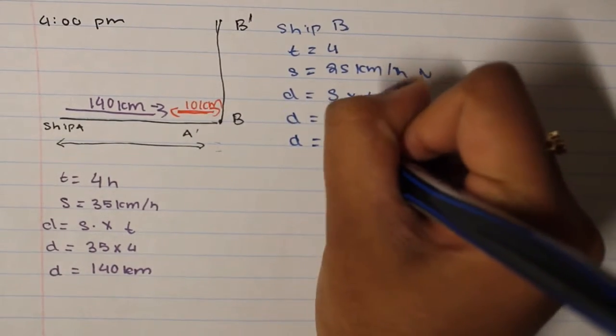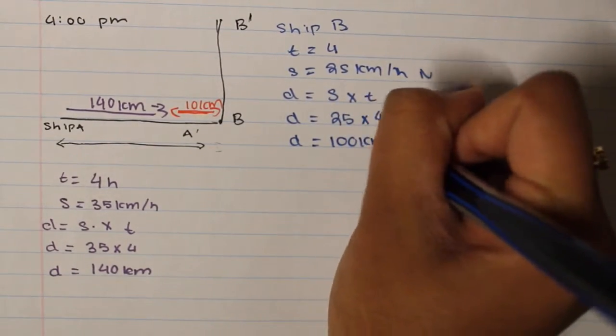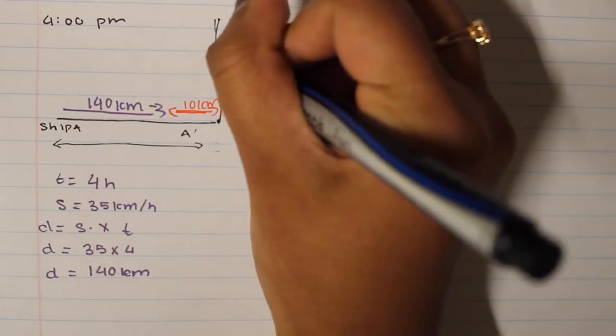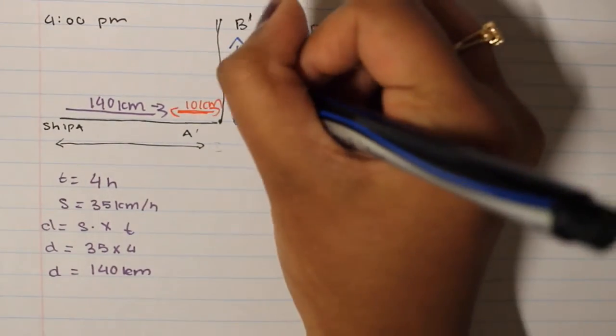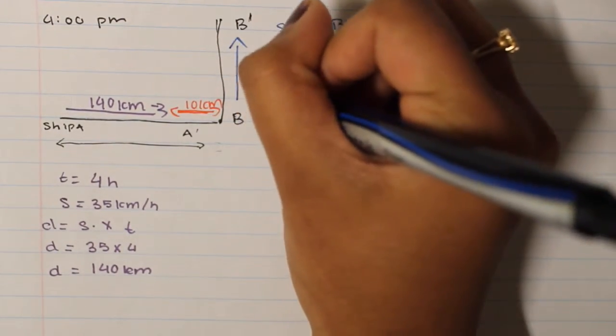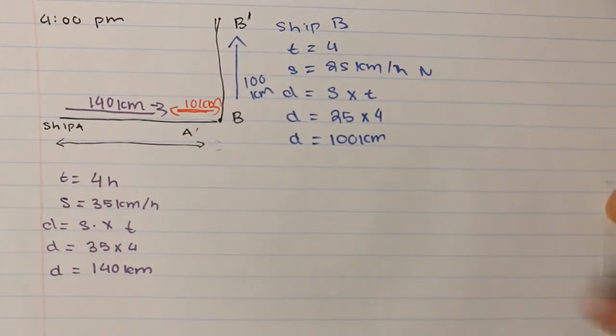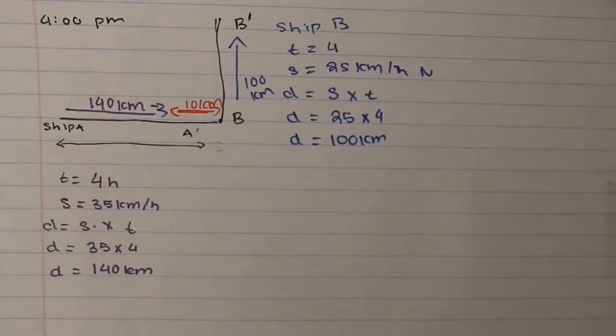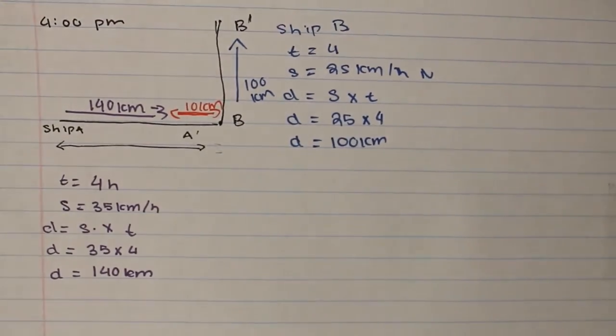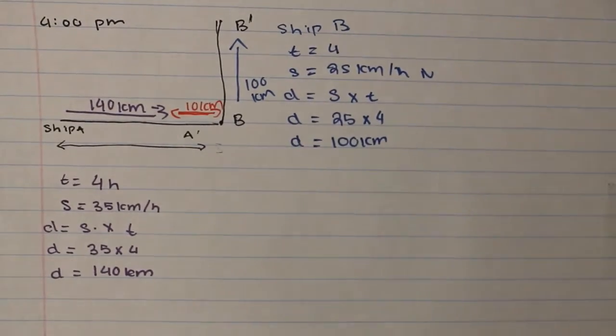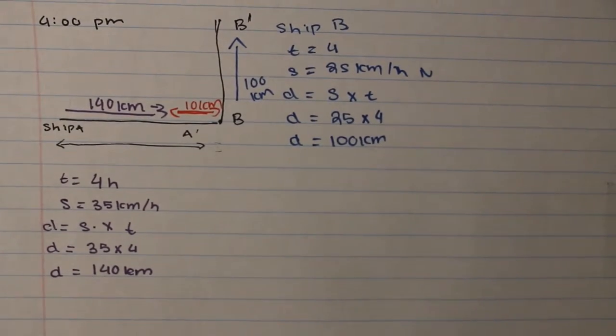Distance is equal to 100 kilometers. So ship B has traveled 100 kilometers north of exactly where it had started. With this whole new information, we can now create a new triangle which can help us solve the question.